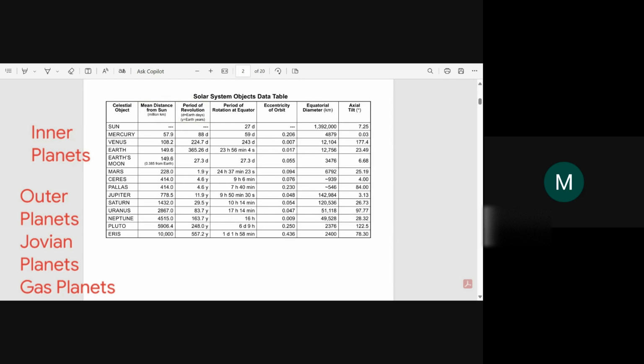Now, the important thing here is to notice the units underneath. It could be either D for Earth days, or Y for Earth years.